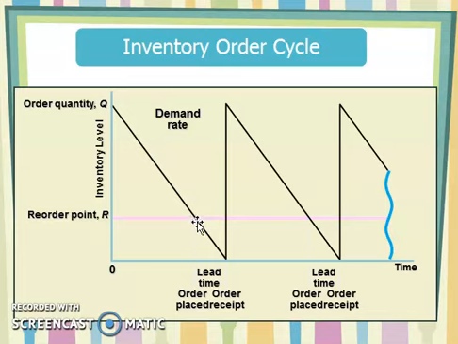Then again we'll start using that quantity and it will fall to the minimum level. The time gap between this reorder point and the minimum inventory level is called lead time. Again, at this point, we'll receive our inventory and it will rise to the Q level.